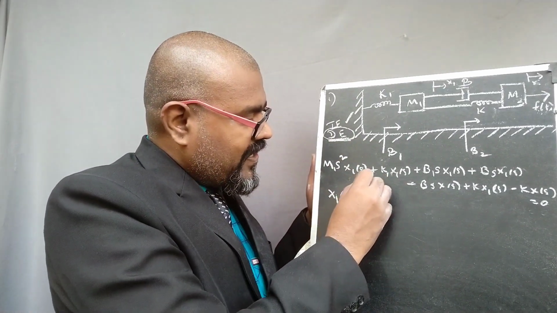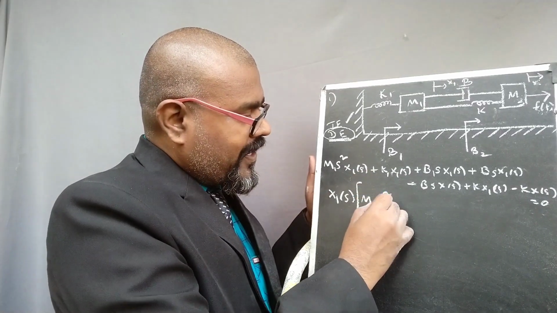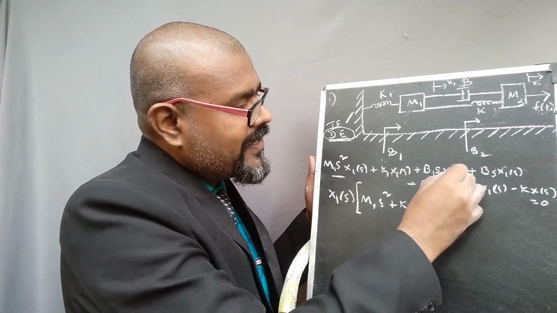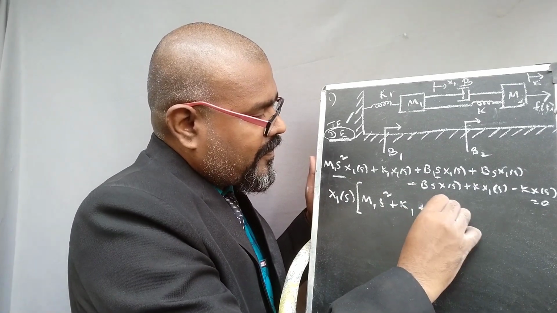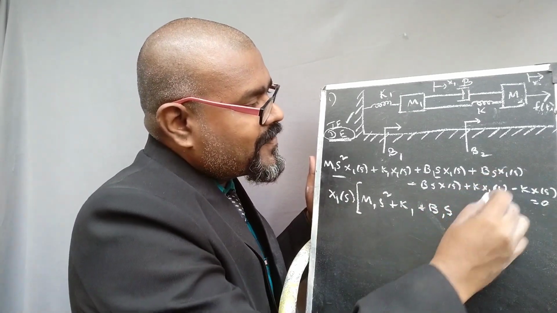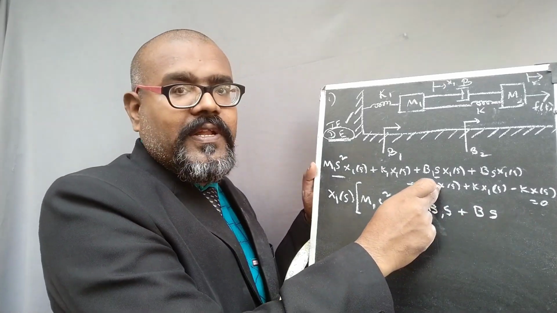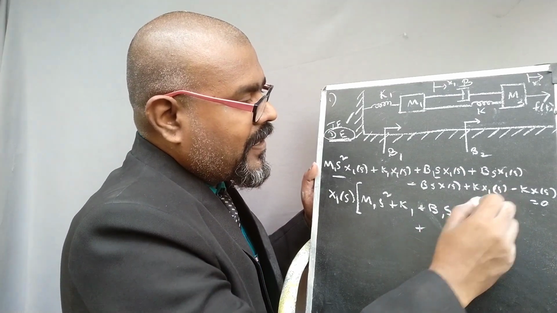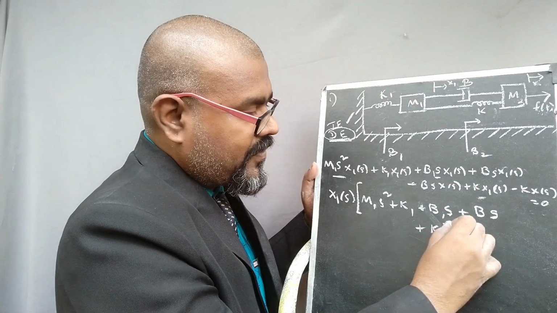If we take X1 of S common, here M1 S square, this part, and this part is plus K1, and this part is B1 S plus B S, and from this part that is BS, here there is no X1, that is X. Then leave it. This particular part K and this part X of S, leave it.